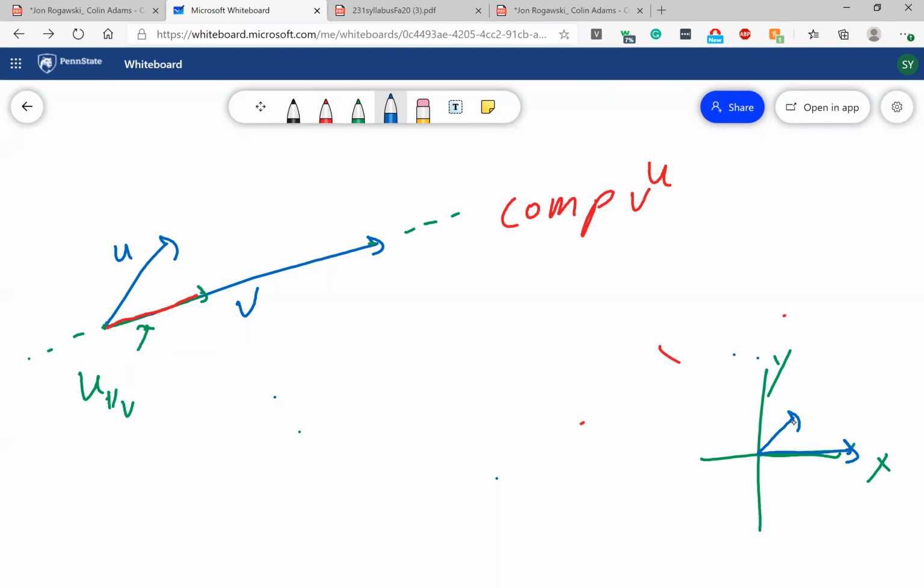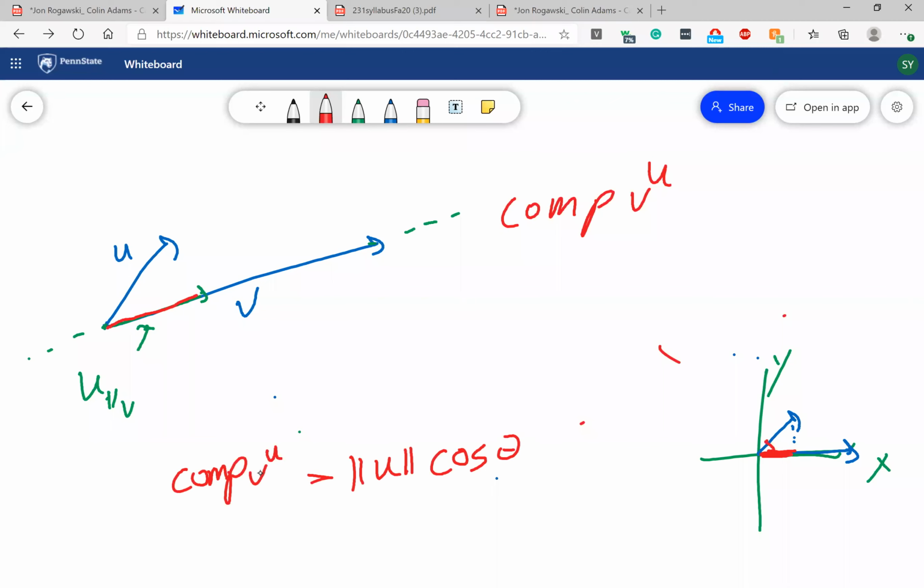Now, if I wanted to find the component of this projection, if I wanted to find this red part over here, well, that's going to be the magnitude of U times cosine of theta, times cosine of this angle, right? So that's the component of the projection of u onto v.